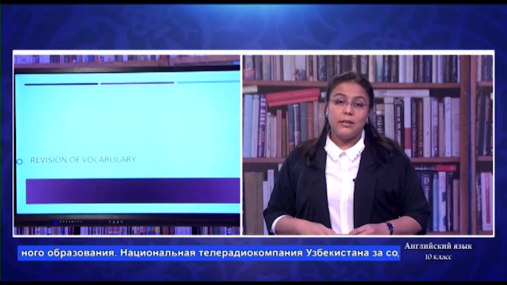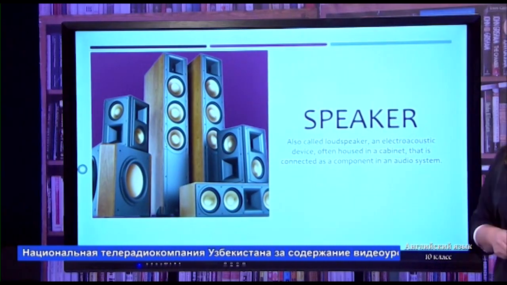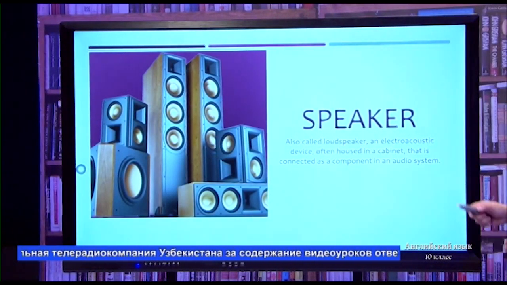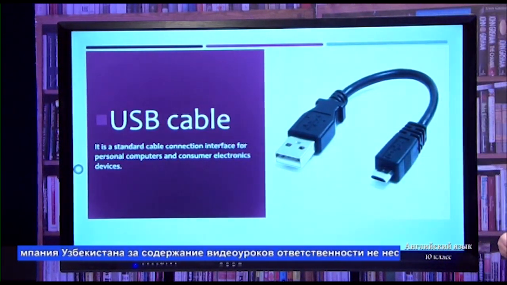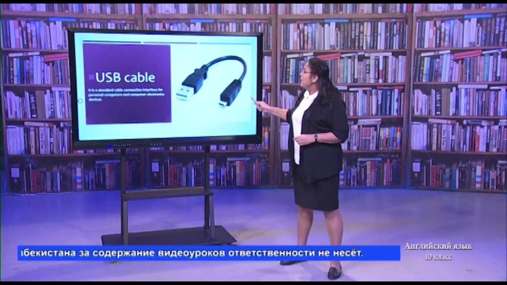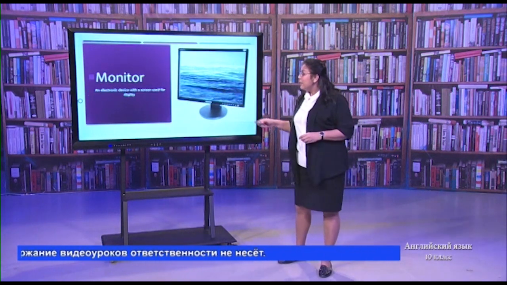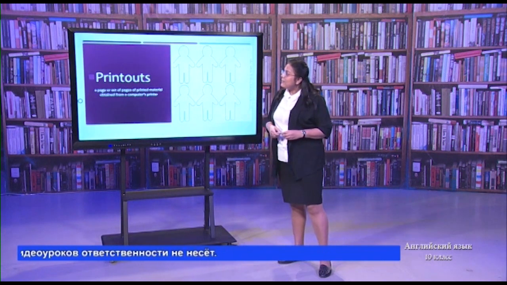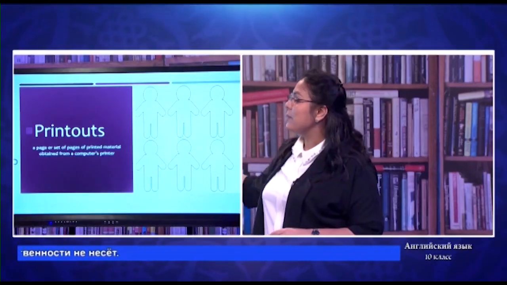Let's check your vocabulary. The first picture is speaker. We have seen it before, in the previous lesson. The second thing is, yes, you are right, USB cable. The next picture is monitor. The fourth one, we have learned already, excellent, that is printouts.